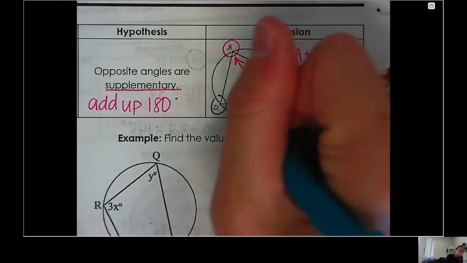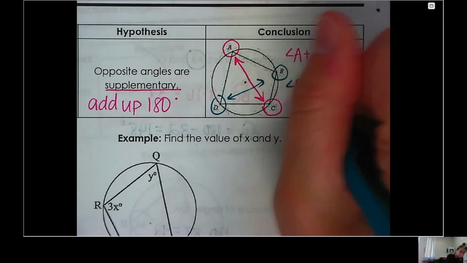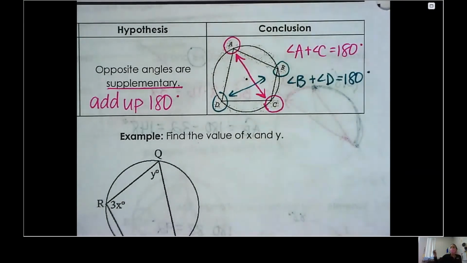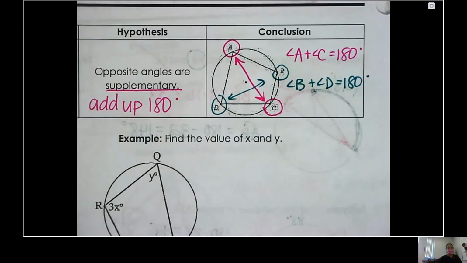If you add together angle B and angle D, you should get 180 degrees. In total, how many degrees will you get? 360. And it makes sense because it's inside of a circle, and a circle is 360. So if you add together angles that are opposite, it should be supplementary, should add up to 180. So let's do some examples with it.